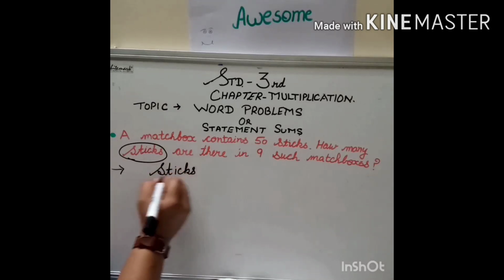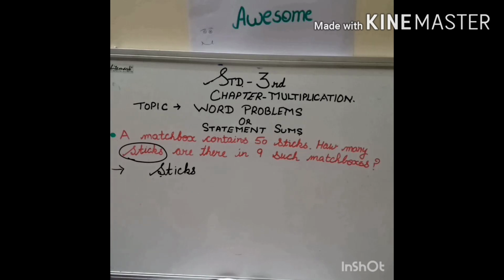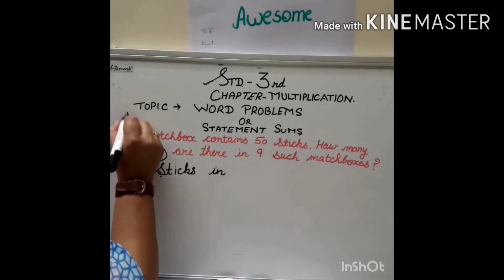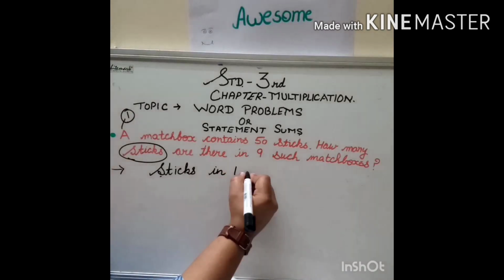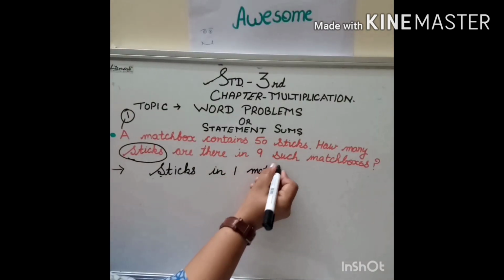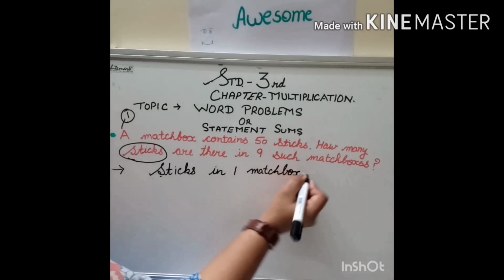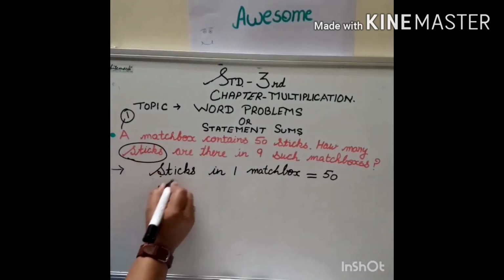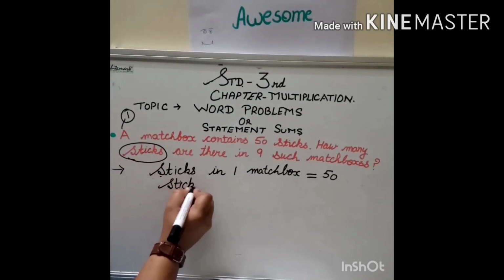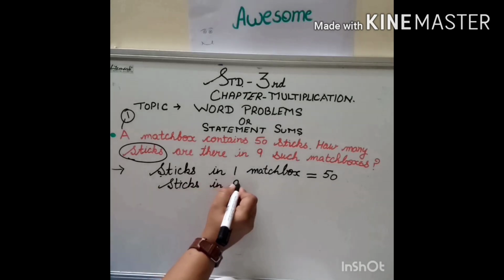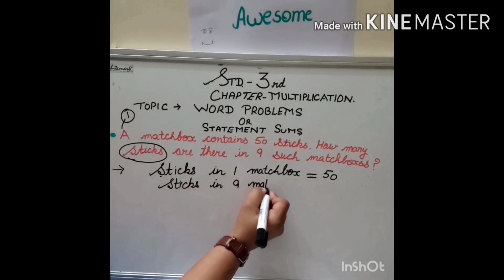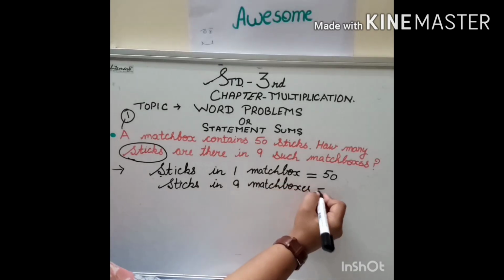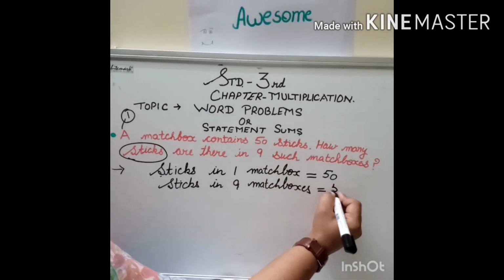We can start from this, and as the first word it should be capital. We can write Sticks in a. A means 1. Sticks in 1 matchbox, that is equal to 50. The other line, sticks in 9 matchboxes, that is, this is the question of multiplication.